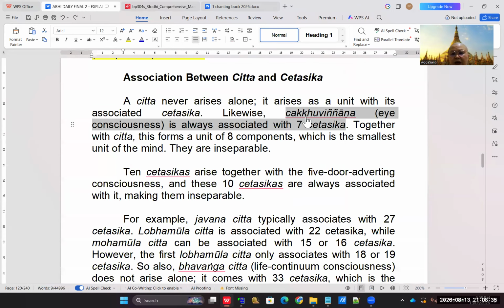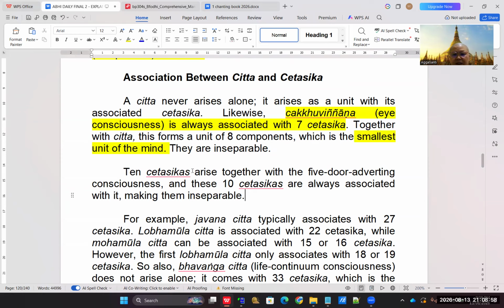So every time it arises, it must arise with the minimum 7. That's the smallest unit, because there will not be 6 Chetasika. There will definitely be 7. So 7 plus 1, you get 8. And they arise together, so they are inseparable.